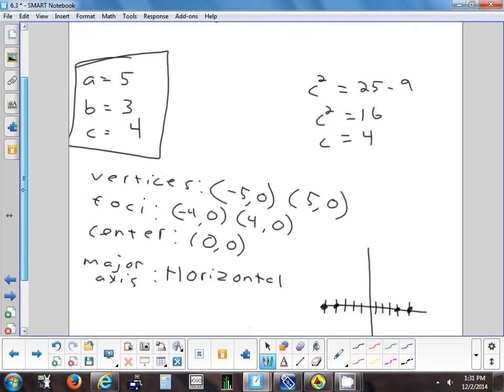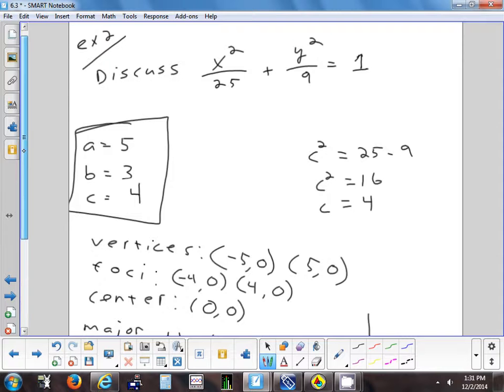And a hint: the way you can tell by an equation whether it's horizontal or vertical, look where the bigger number is. If the bigger number is under x, then the ellipse is along the x-axis, the long way. If the bigger number is under y, then it has the long way as y.